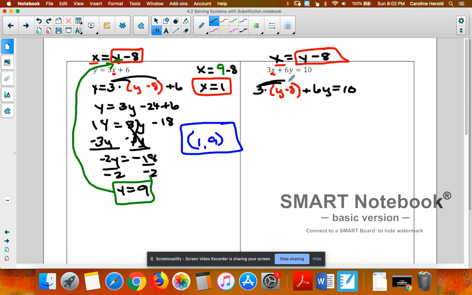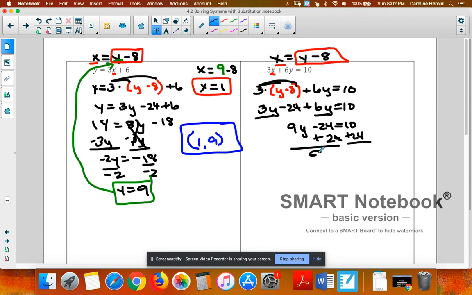Distribute. I get 3y minus 24 plus 6y equals 10. Combine my like terms. I get 9y minus 24 equals 10. Add 24 to both sides.